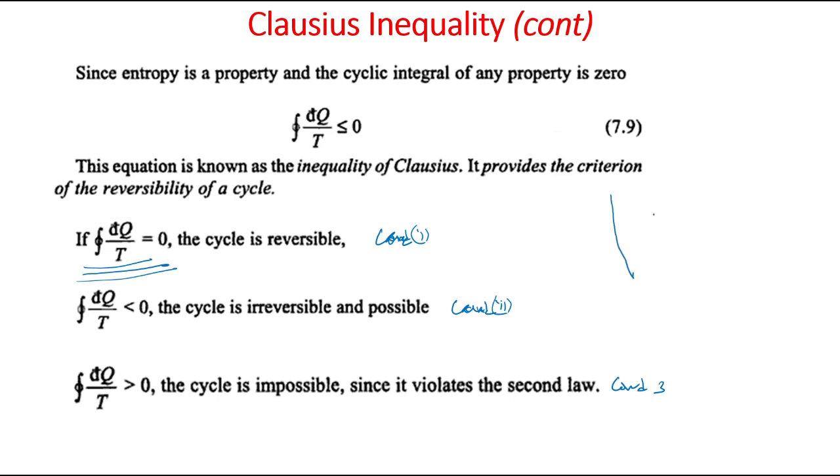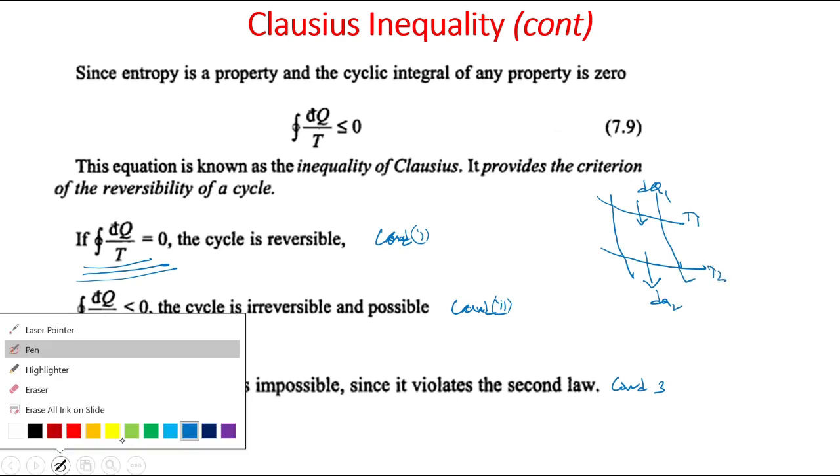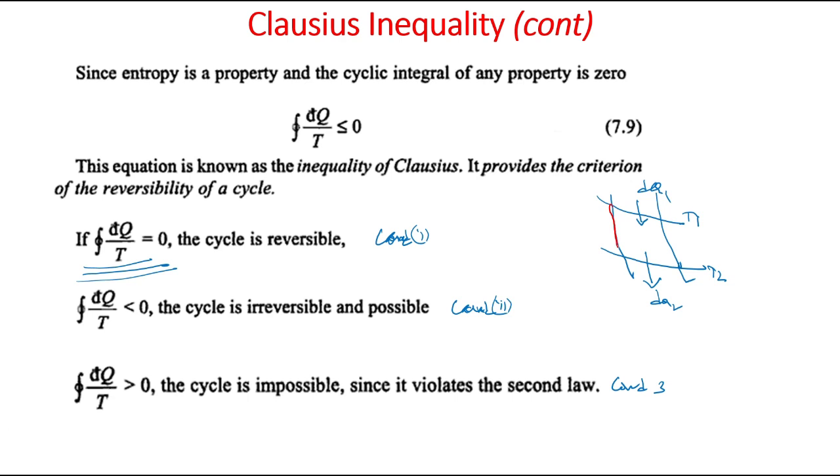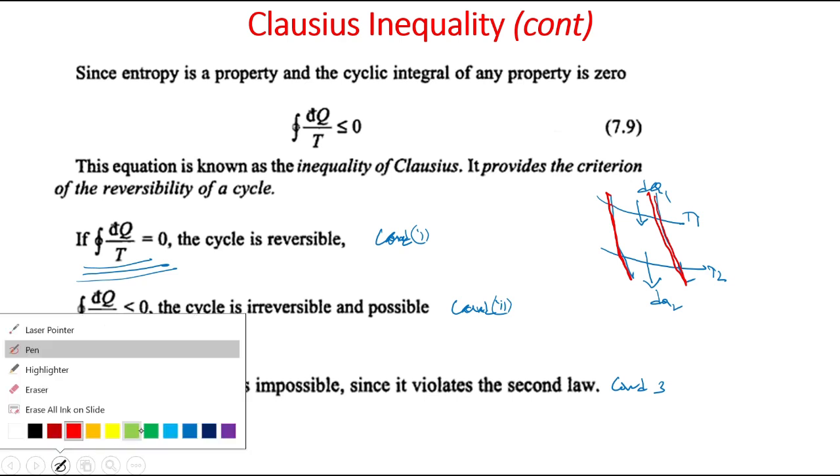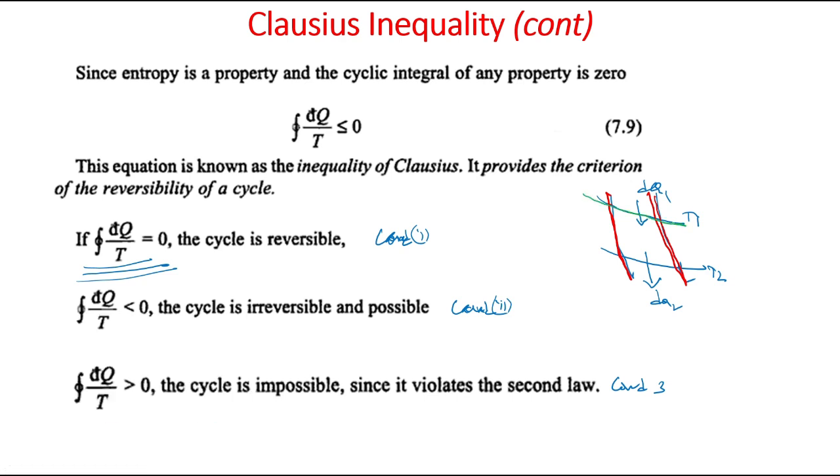We have two isotherms and two adiabatics. Heat dQ1 is added at temperature T1, and heat dQ2 is rejected at temperature T2. The reversible adiabatic lines have zero heat transfer. In the isothermal lines, the temperature is constant but heat transfer exists.